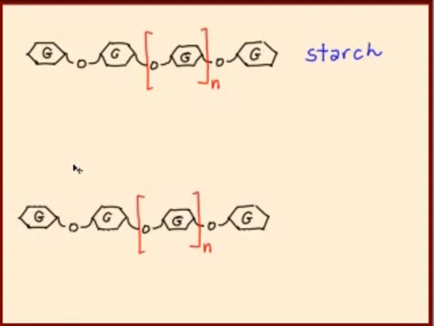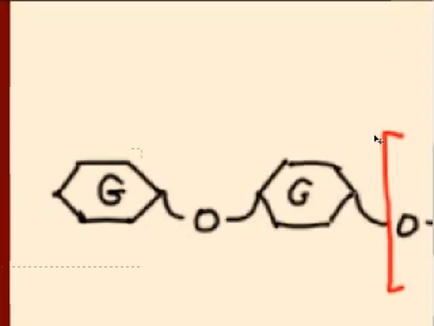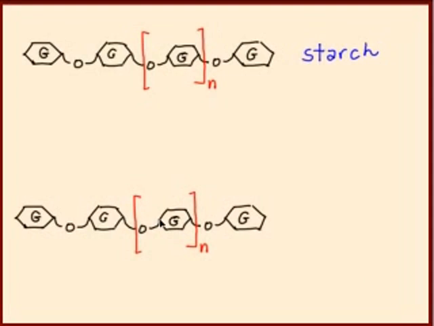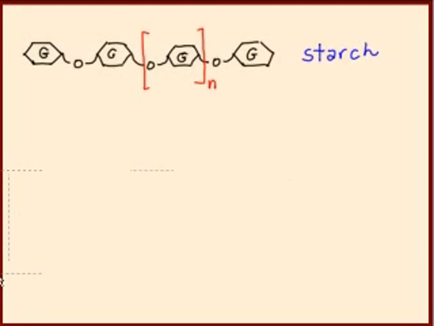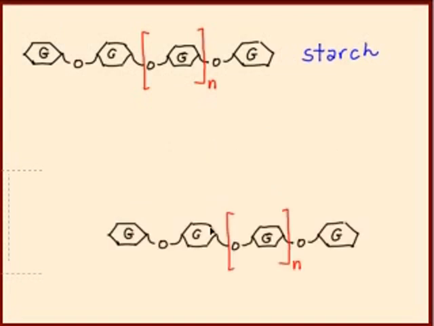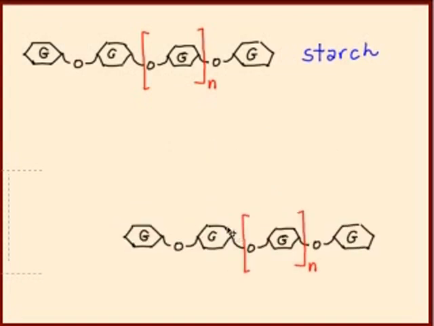Now, what can happen sometimes is we can get a branch.